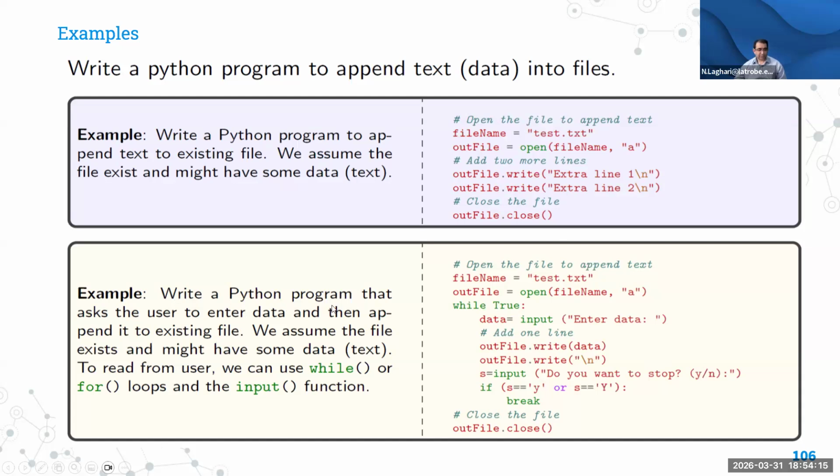So in this example, write a Python program that asks the user to enter data and then appends it to an existing file. We assume the file exists and might have some data or text in it. To read from the user, we can use while or for loops and the input function.